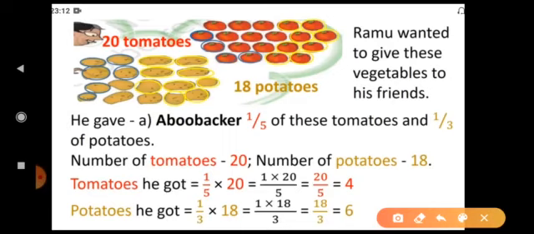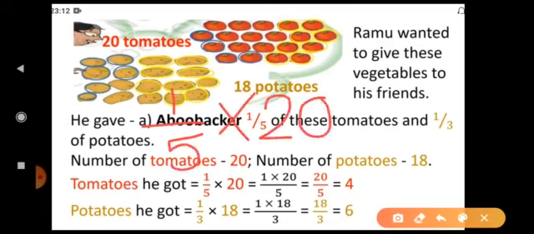So we will write like this, 1/5 of 20. Now as we know that 20 comes in the table of 5, directly I will cut, 5 4s are 20. So now I will multiply these two numbers in the numerator. 4 1s are 4, so I will get 4, and in the denominator it is 1.